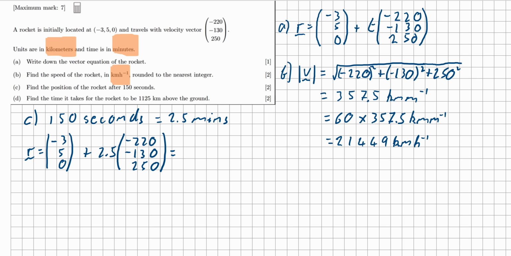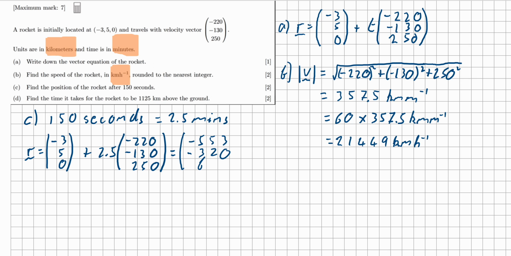Execute. So we end up with -553. Next one, we're going to have 5 minus again 2.5 times 130 equals, so I end up with -320. Remember the top one is the x coordinate and then the y coordinate. So this bottom one, the z coordinate, is the one that's coming out of the page, and that's just 2.5 times 250. Well, we end up with 625.